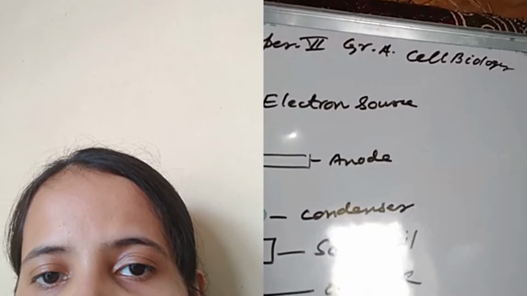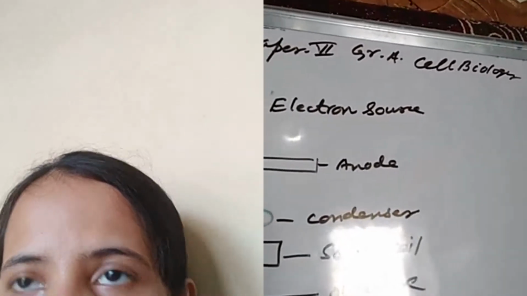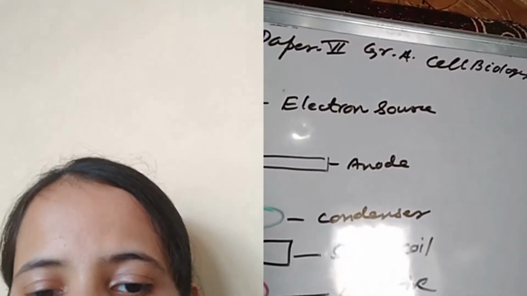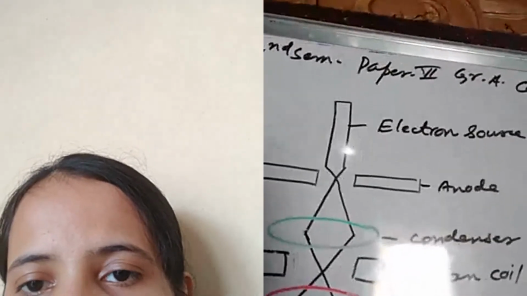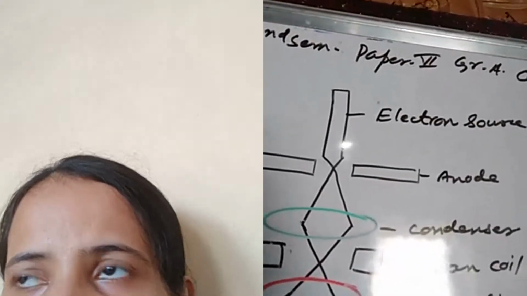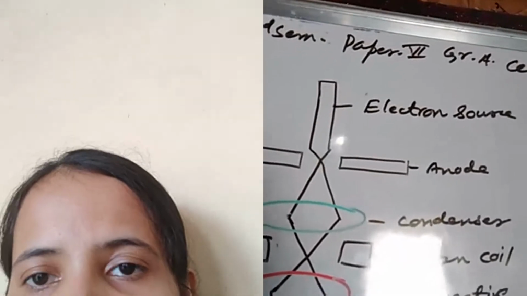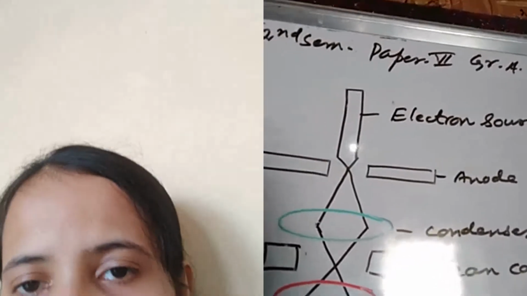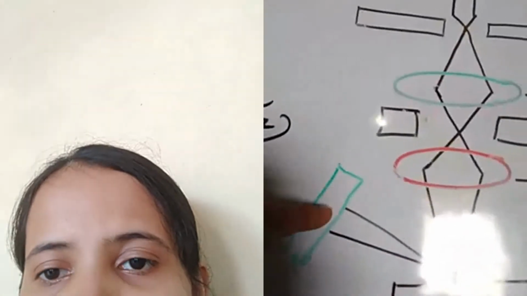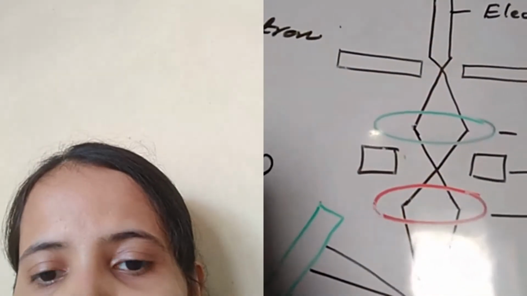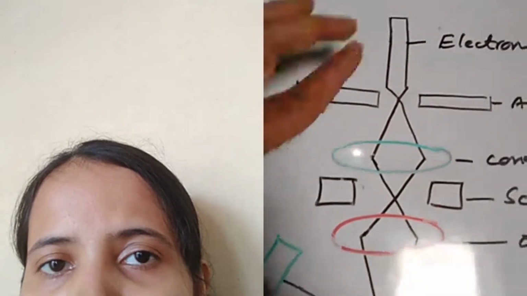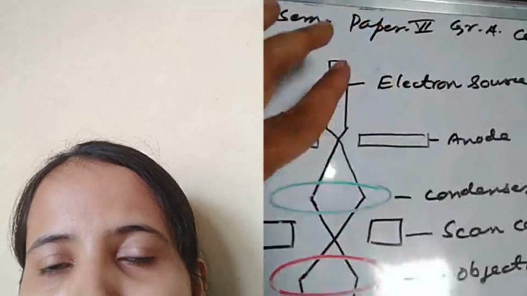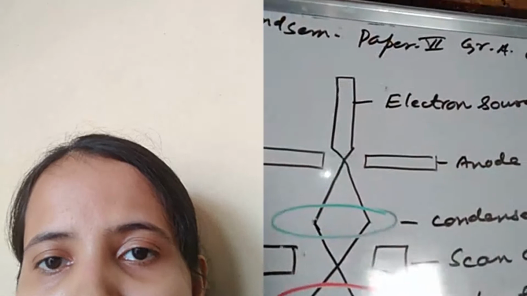This is the part where the sample is placed for viewing. This line shows the emission of secondary electrons, and this structure detects the secondary electrons. Therefore, it is called the secondary electron detector. So this is the scheme of the scanning electron microscope.